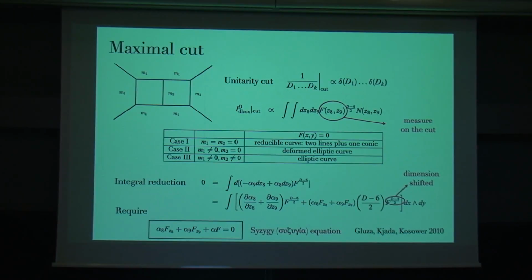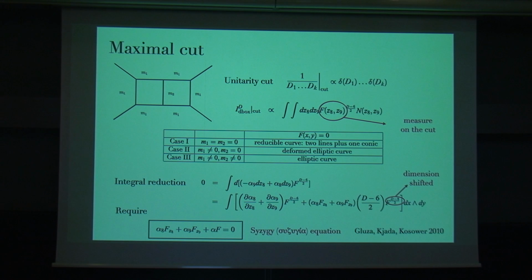So as a toy model, suppose instead of doing the complete IBP reduction, we can try the maximum cut version of the IBP reduction. I said you change all the denominators to delta functions, but these are trivial delta functions because the argument in the delta function is linear. So after integrating all the delta functions, you get a two-fold integration like this, very simple.